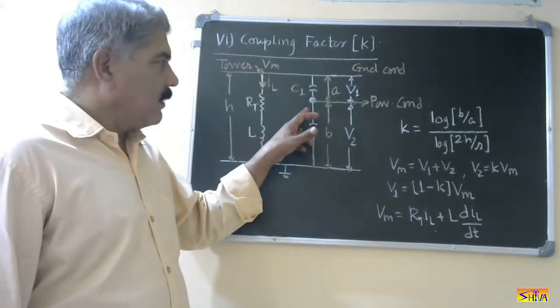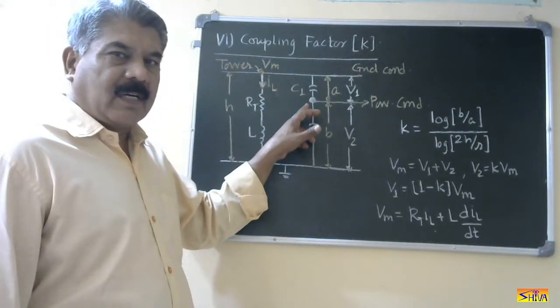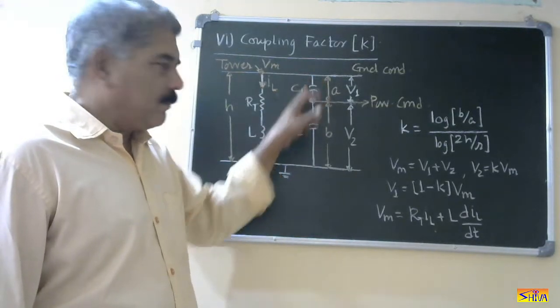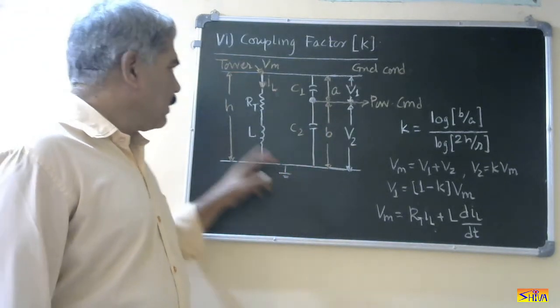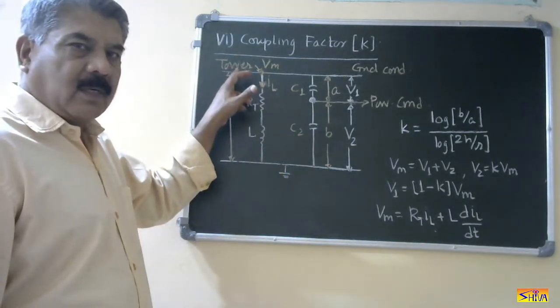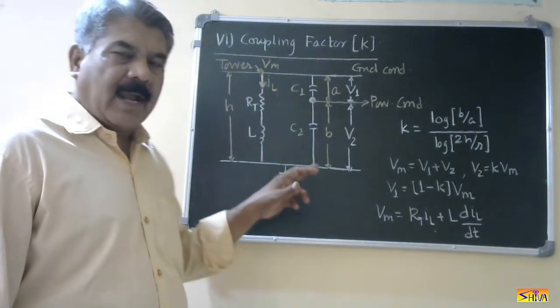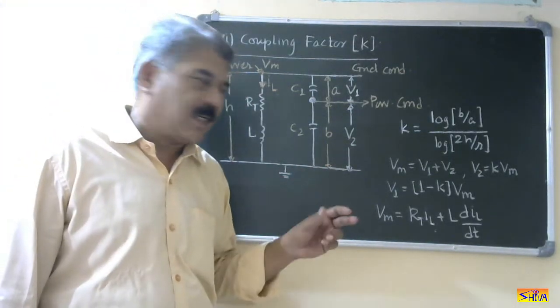Let us say A is distance of this power conductor from the ground conductor. B is distance of this power conductor from the earth. H is height of the ground conductor from the earth, and R is the radius of the ground conductor.